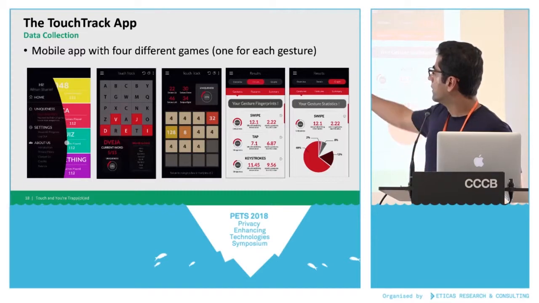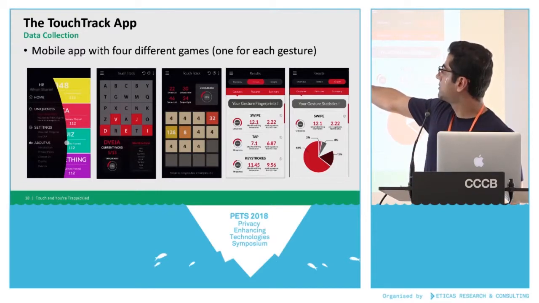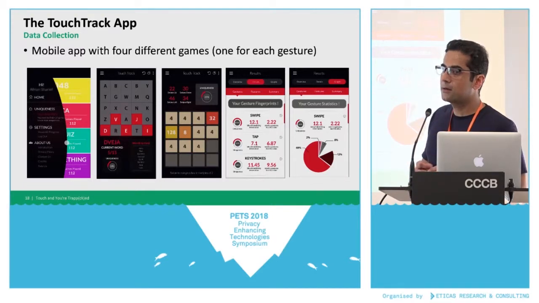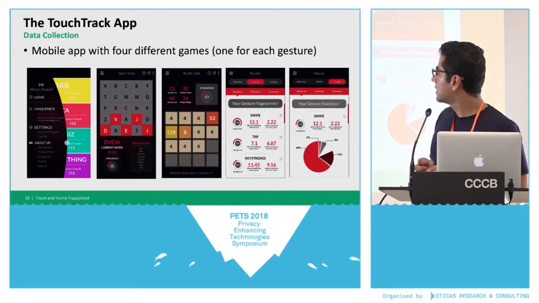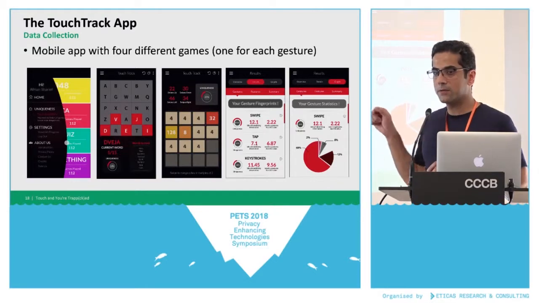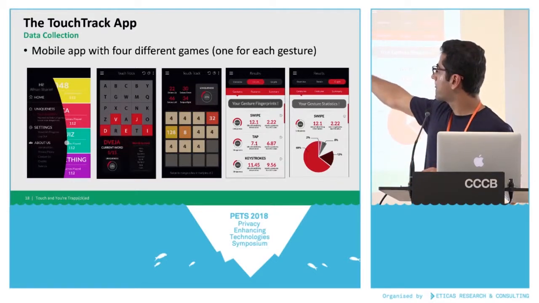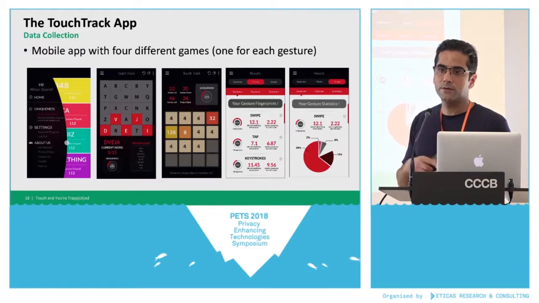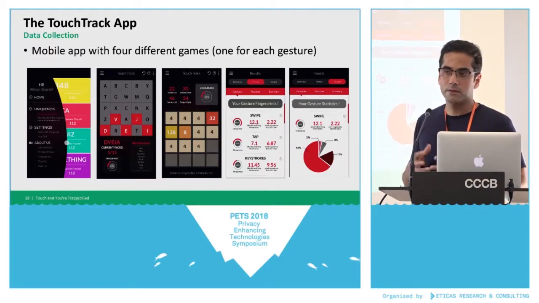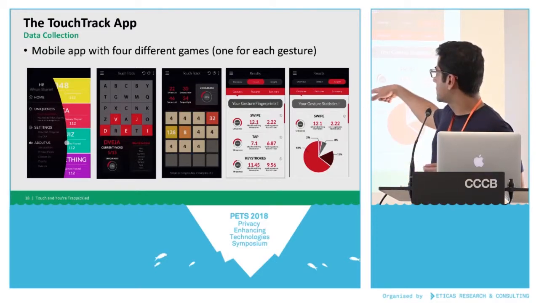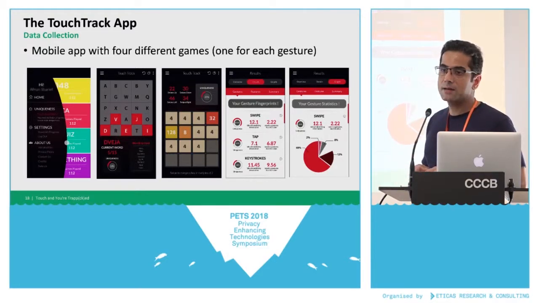So the second snapshot here is the game Lexica, which asks the user to find words by tapping on different letters in that grid. So that is obviously to grab this tapping information. The next one is 2048, and this is for swipes.